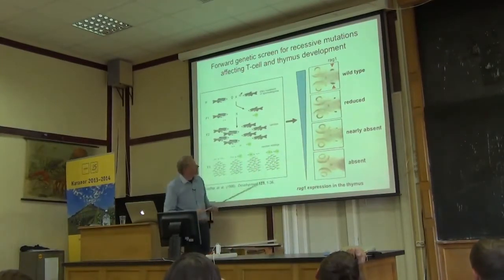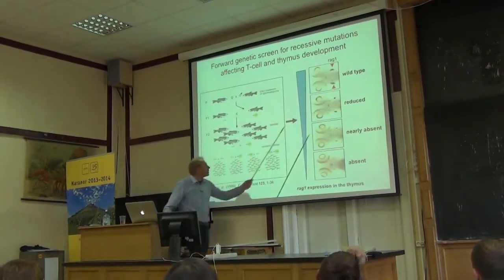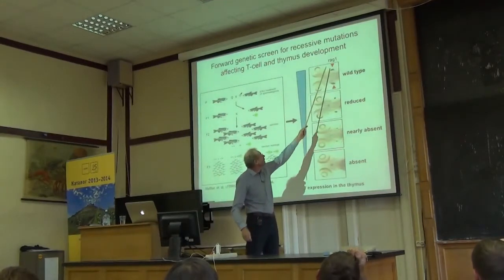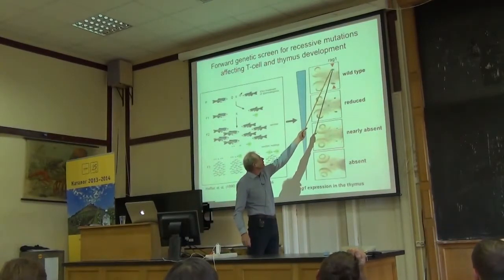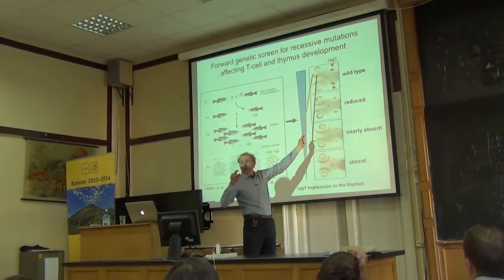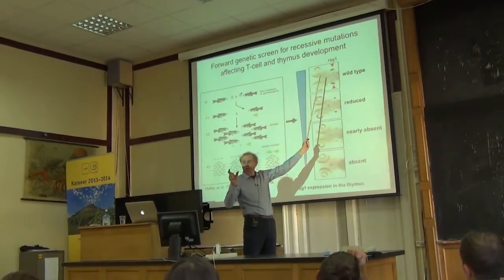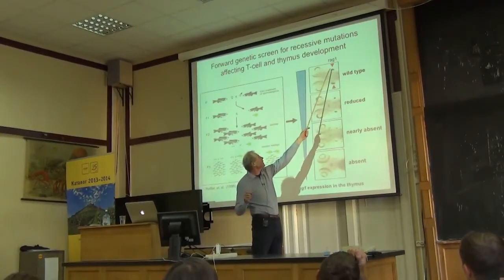In this slide you can't really see it, but the original color is blue. And there is always a control in it. This is actually the bilateral thymus, and the probe, so the labeled RNA, stands for RAG1, and you now remember from yesterday, RAG1 is a gene or a gene product that is involved in assembling these T-cell receptor genes, so that indicates developing T cells.